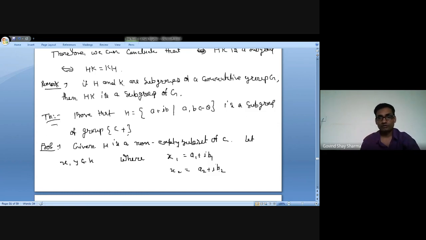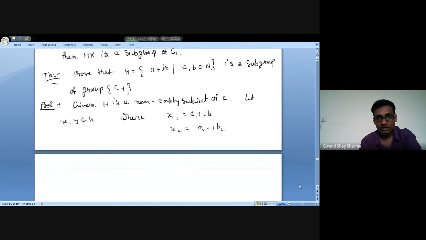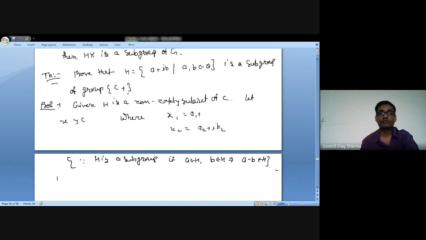So we know that we have a theorem to prove H is a subgroup: if a belongs to H, b belongs to H implies a minus b also belongs to H. We already proved this theorem.